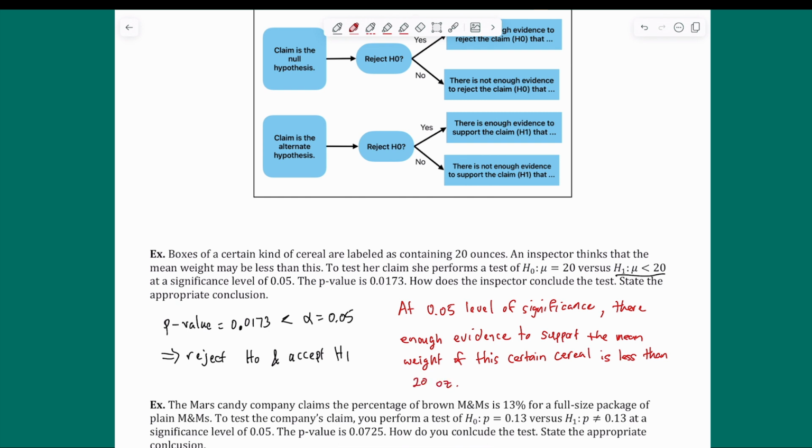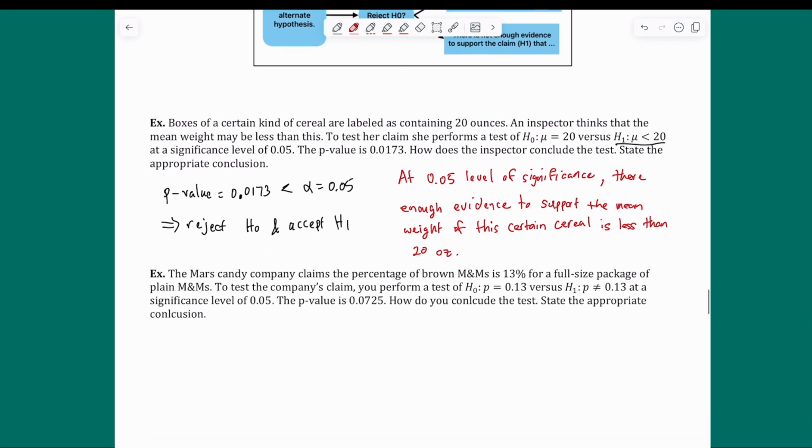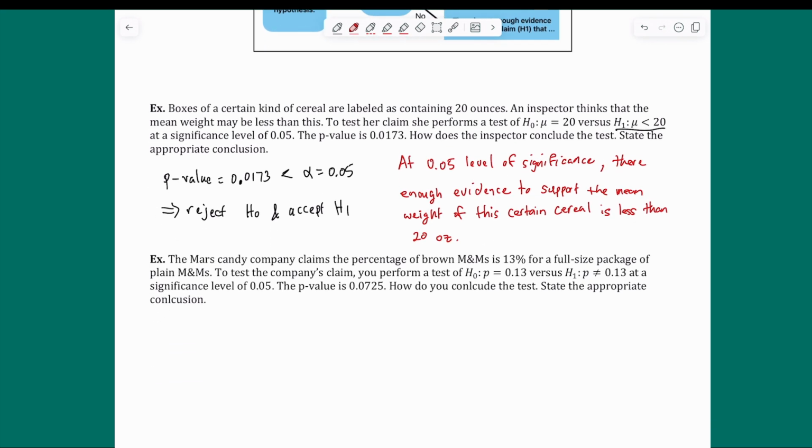Okay. Let's look at another example here. The Mars Candy Company claims the percentage of brown M&Ms is 13% for a full-size package of plain M&Ms. To test the company's claim, you perform a test of the null hypothesis P equal to 0.13 versus the alternate hypothesis P not equal to 0.13 at a significance level of 0.05.